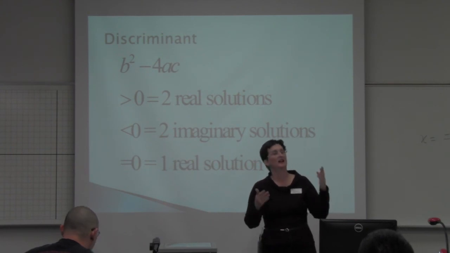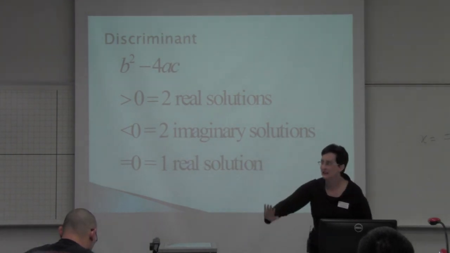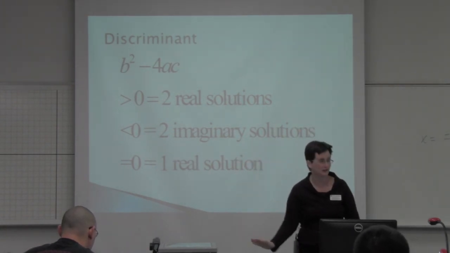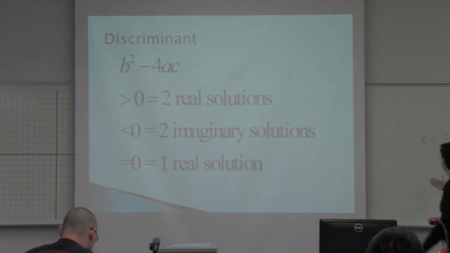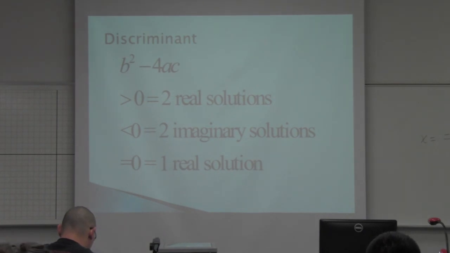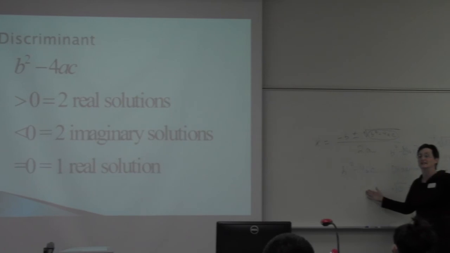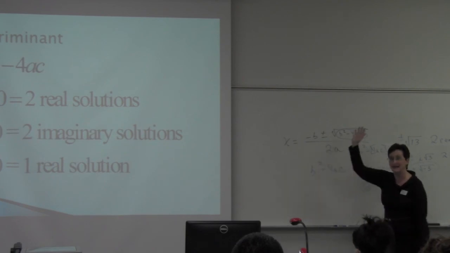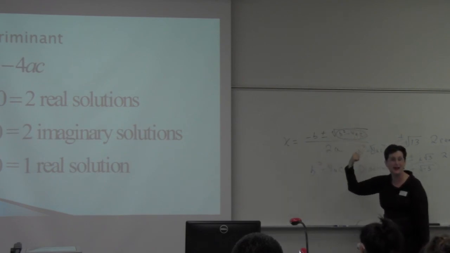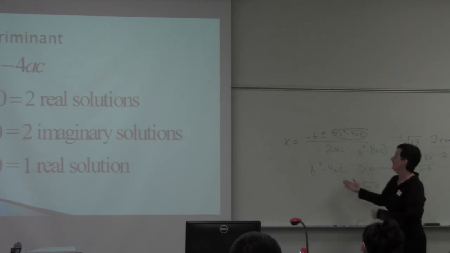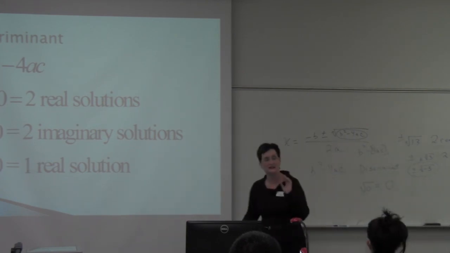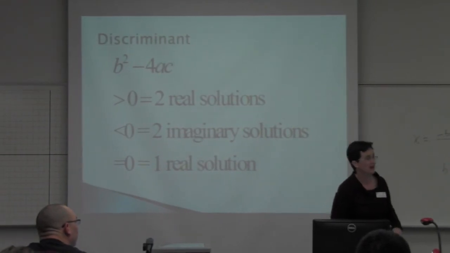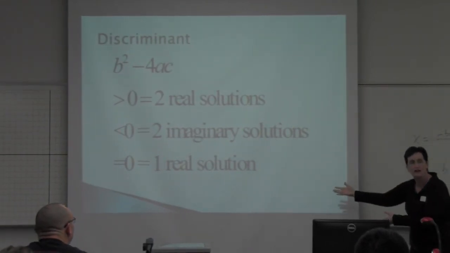No. So instead of taking the time to do the whole thing, wouldn't it be nice to know ahead of time whether your answer was real or imaginary? Yes. Because if the answer is imaginary, you don't even have to do it. Yay, right? Throw it out. But if it's real, then you can go back and get those exact answers. It saves you time. How many and what do they look like?